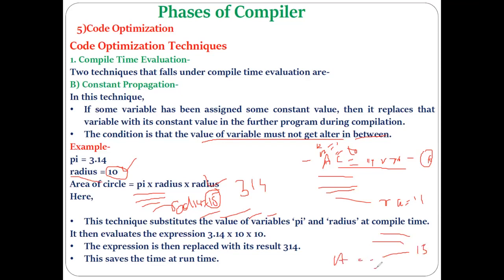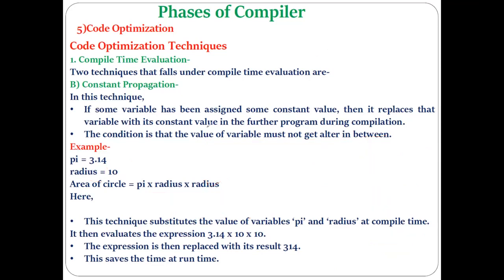Constant propagation will not happen here with the radius, because after declaring it as 10, again you have declared it as 11. So 11 will be utilized, not the 10. Understood? So constant propagation can succeed only when the value of the variable does not change throughout the program. Means the value of the radius should not get changed throughout the program.